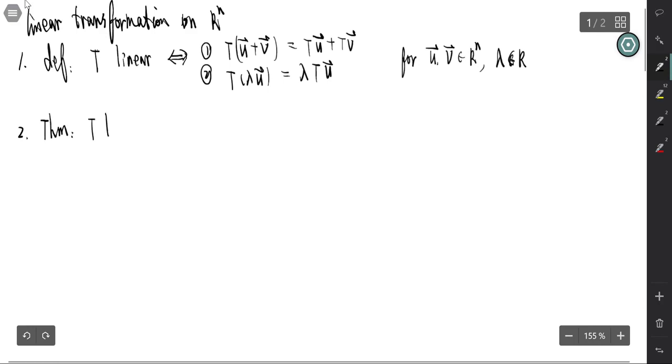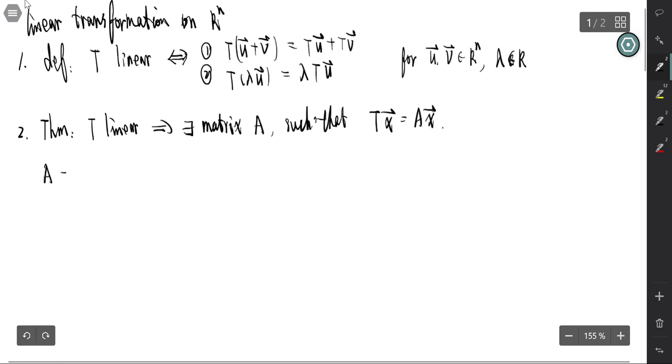If the transformation T is linear, then there exists a matrix A such that Tx equals Ax for all x, and A can be expressed as [Te1, Te2, ..., Ten].